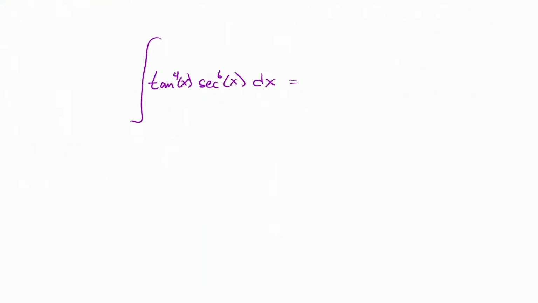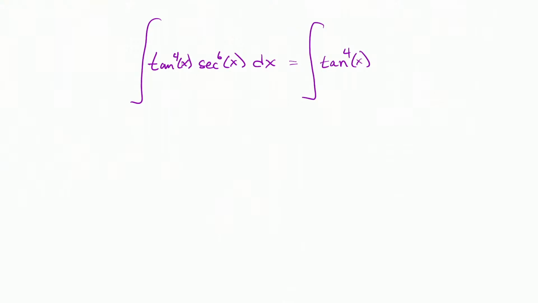But this one has an even number of secants, and so what I'm going to do is separate 2 of them. Let me just do the first 2 steps, and then Ryan, I'll see if you have specific questions beyond that. So here's the secant to the 4th, and then you have a secant squared dx. Hopefully you recognize why I'm doing this, but just in case, let me make it super clear.